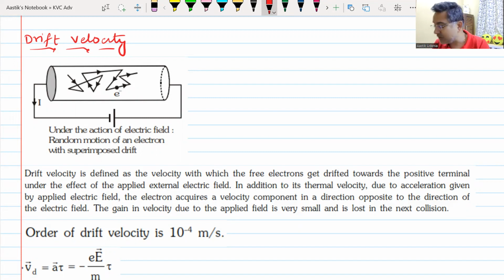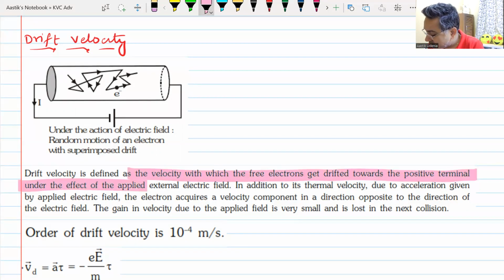That speed or velocity which the electrons acquire when the conductor is subjected to an electric field is known as the drift velocity, Vd. Do we understand this? Yes, sir. Vd.